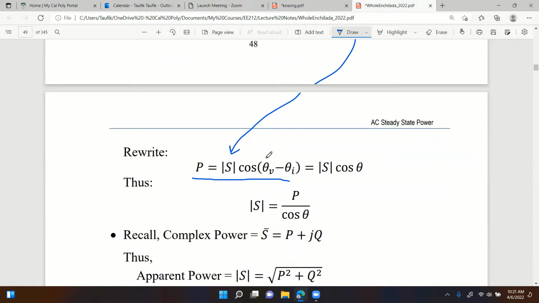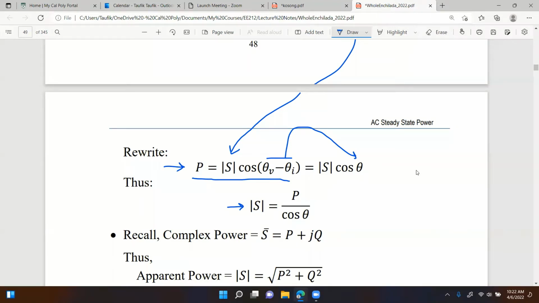As I did before, I just replaced theta V minus theta I with theta to make it shorter. And from this equation, I can solve for apparent power. So another equation for apparent power would be that apparent power is equal to average power divided by cosine of theta.